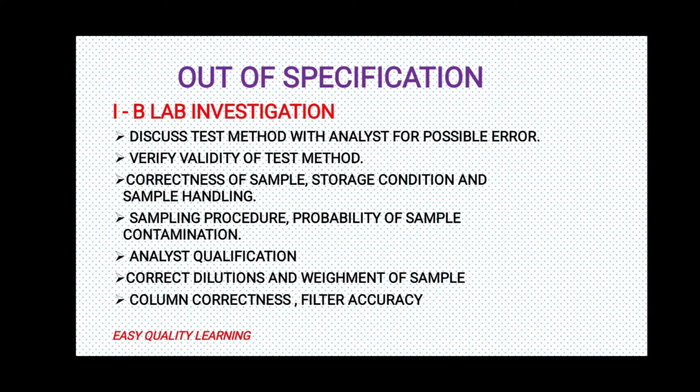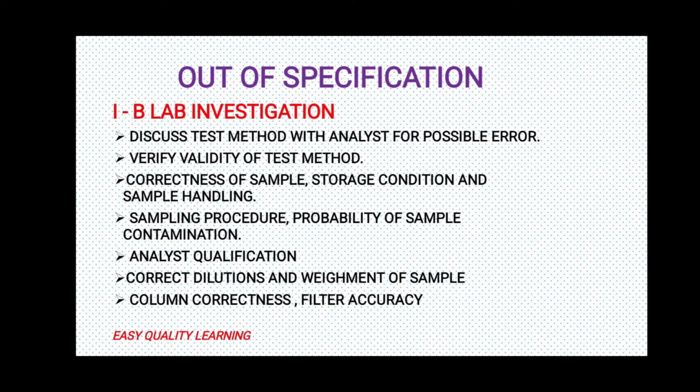We need to check the analyst qualification, whether it is in line for the analyst who has executed this analysis or not. Then correct dilution and weighment of the sample shall be checked. Dilution and weighment of the sample we can verify with our weight prints as well as with the stored glasswares and dilutions.